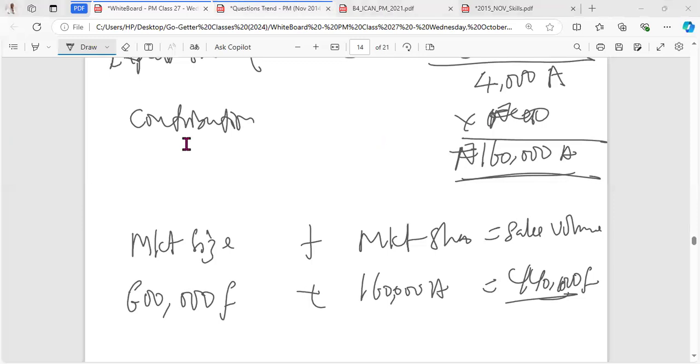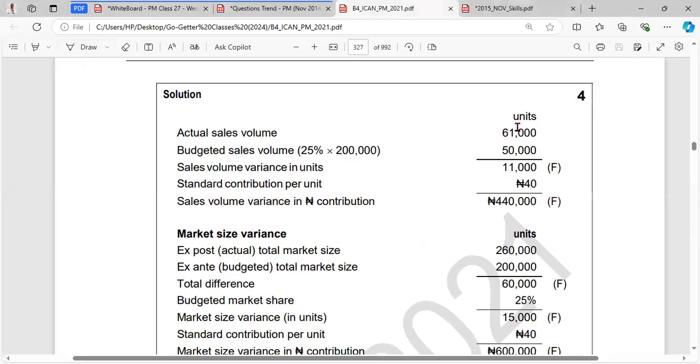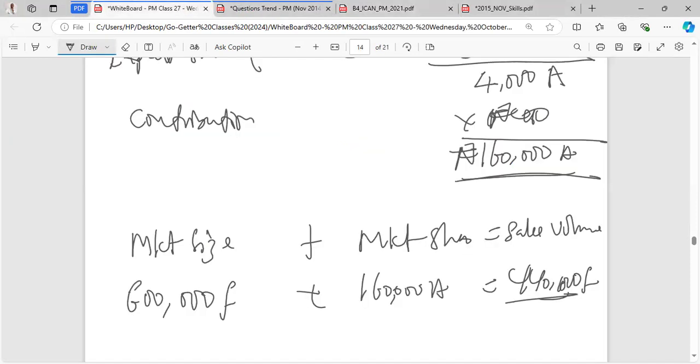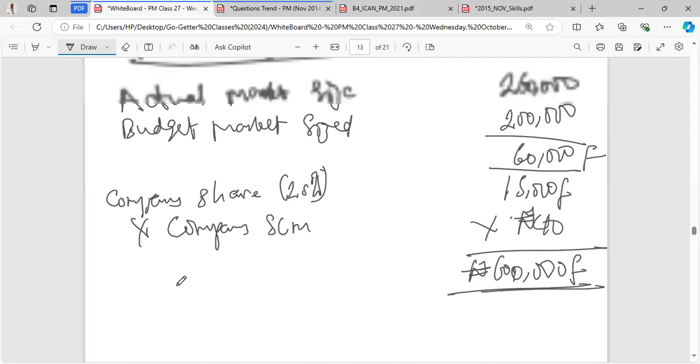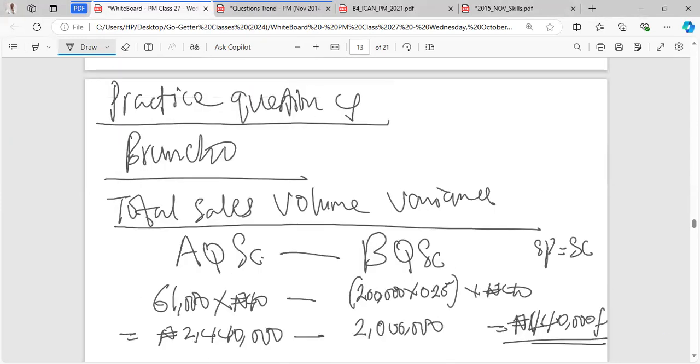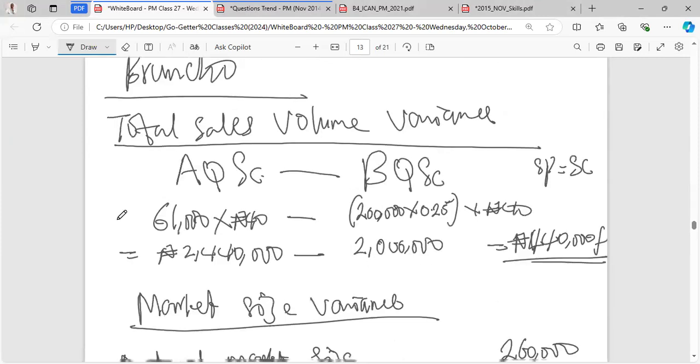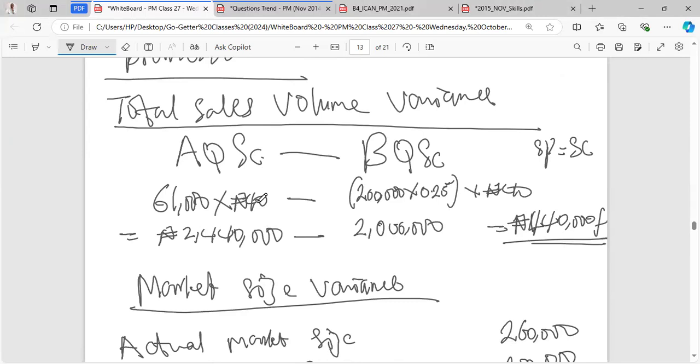Now, we had actual sales volume of 61, as seen in my example here. 61,000 units, and the standard contribution is 40, which gives us 2,240,000, right?